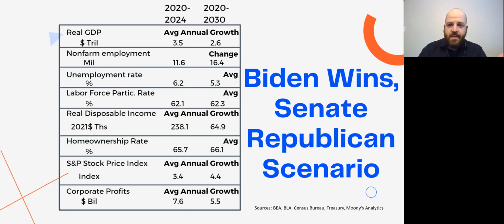So the point here is that we're seeing modest growth. That is what we're looking at in this baseline scenario here. It's difficult to see a political path to big changes in tax and government spending policies. They may have some wiggle room using the budget reconciliation process, and we can get into all the minutia there.